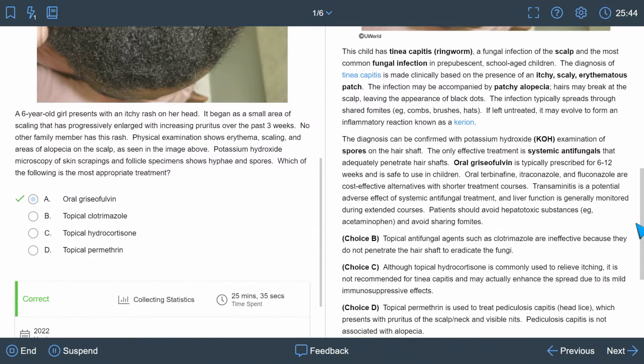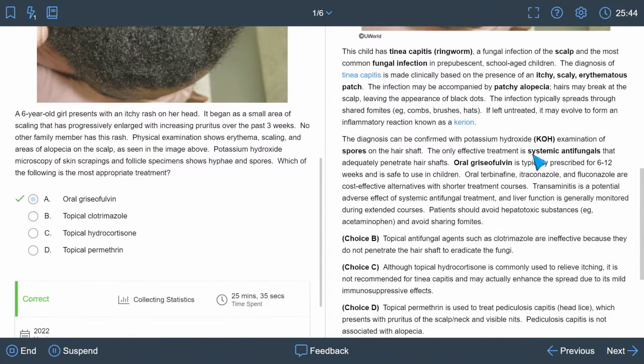Sometimes there's also patchy alopecia, which just occurs when the hairs break off at the scalp, leaving the appearance of black dots. It can be diagnosed with the potassium hydroxide, or KOH prep, and on the examination of the spores of the hair shaft. The only effective treatment is going to be a systemic antifungal, which typically is oral griseofulvin.